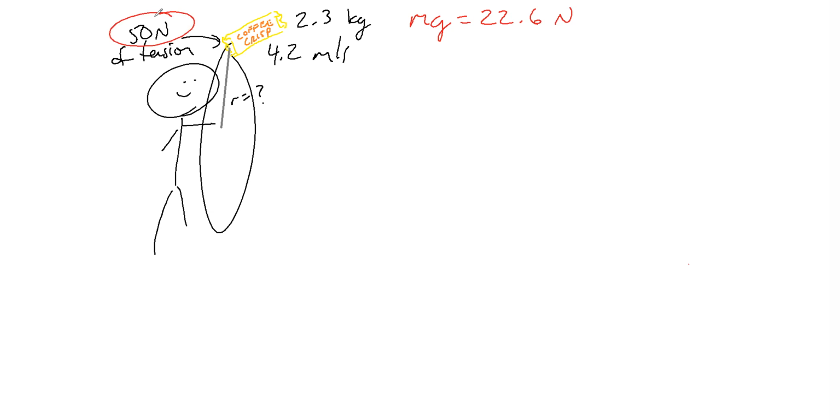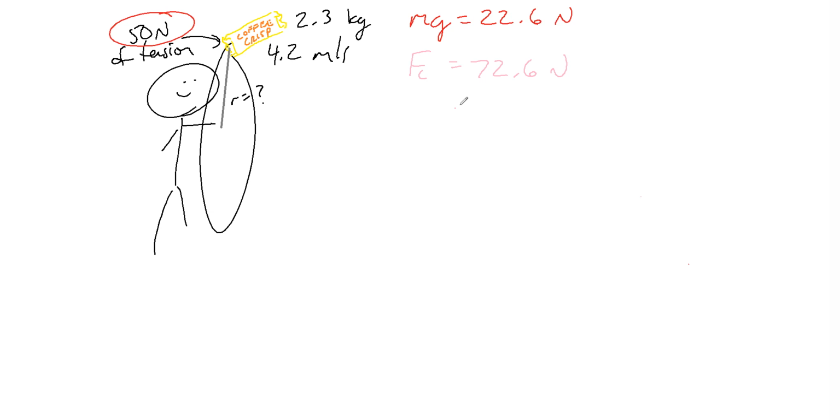So he's pulling down with 50 newtons of force. Gravity is also pulling down with 22.6 newtons. So I'm going to put those two together, and my FC would then be 72.6 newtons. The guy's supplying 50 newtons, gravity supplying 22.6 newtons, so the FC's got to be 72.6 newtons altogether.